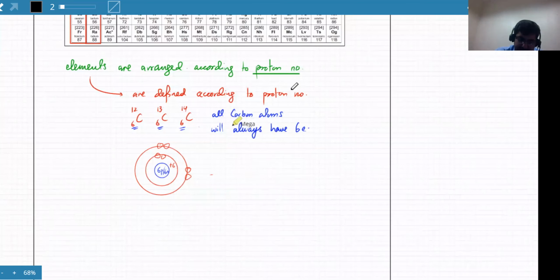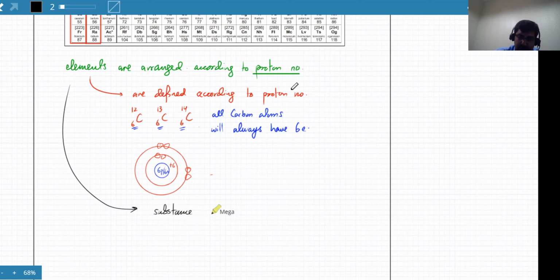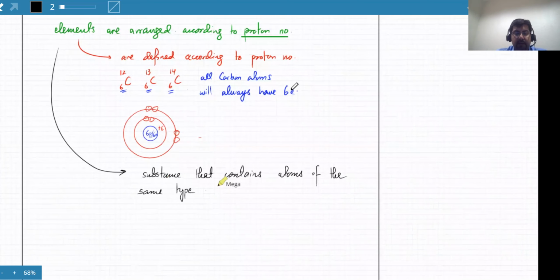And if you're being asked what is the definition of an element, I'm going to write the definition of an element. It's basically a substance that contains atoms of the same type, having the same proton numbers or atomic number.